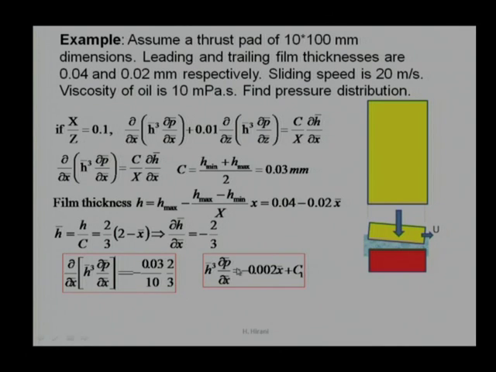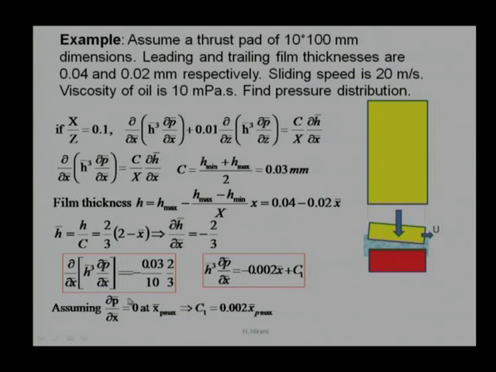So, we need to estimate x, which will have some constant value where the pressure will be maximum. So, I can say pressure will be maximum at some location x bar p max.